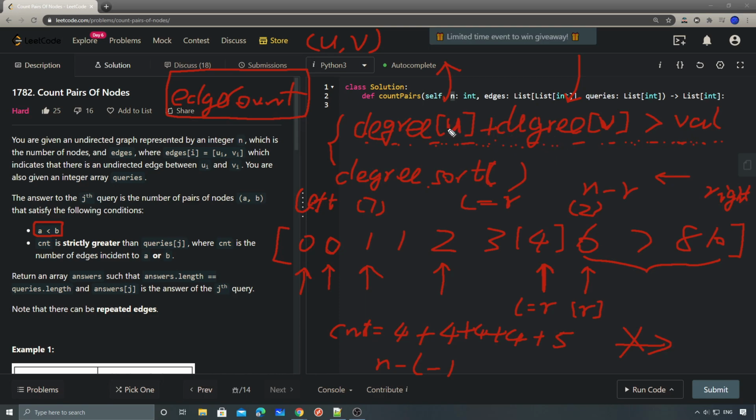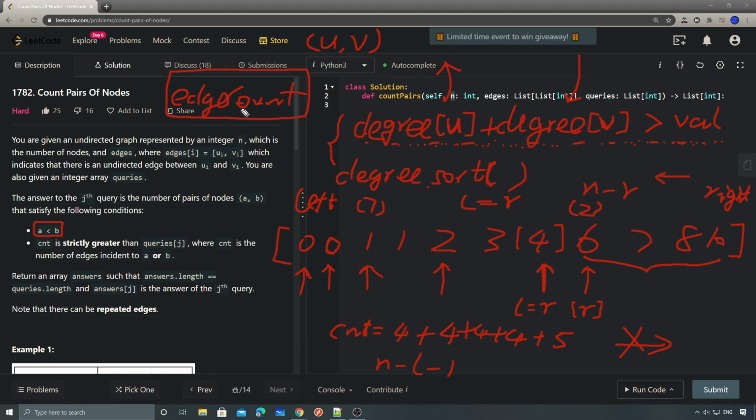Because if the u and v don't even have a common edge, then the degrees u and v plus greater than value will be correct, right?